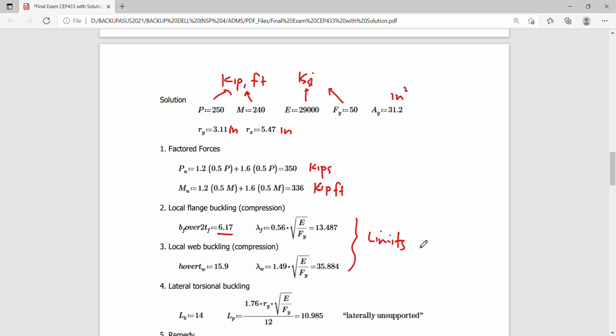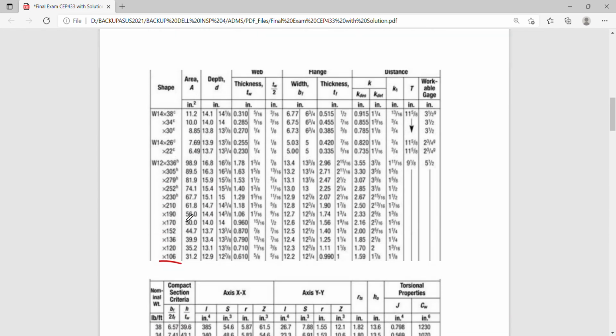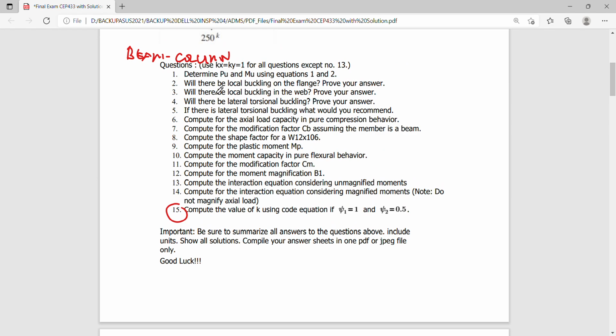We are referring here to limits for uniform compression, because there are also some limitations on local buckling wherein the reference is flexural compression. As we compare, these are less than the limits, therefore we don't have any problem at all for the local flange buckling and the local web buckling. So the answer for the two questions here is simply no.